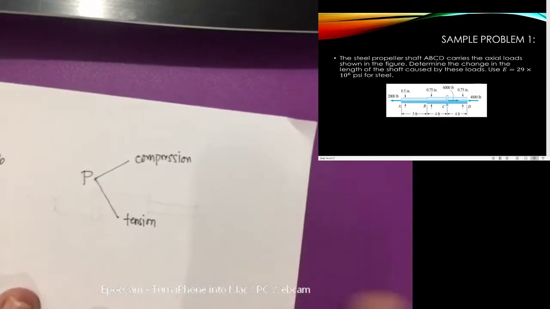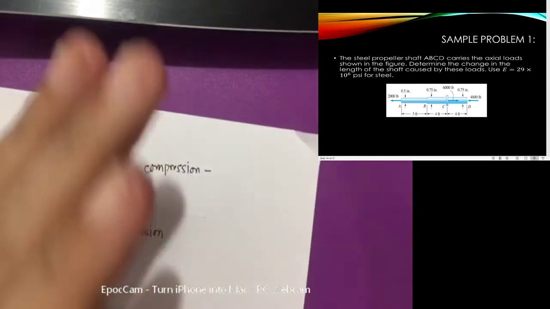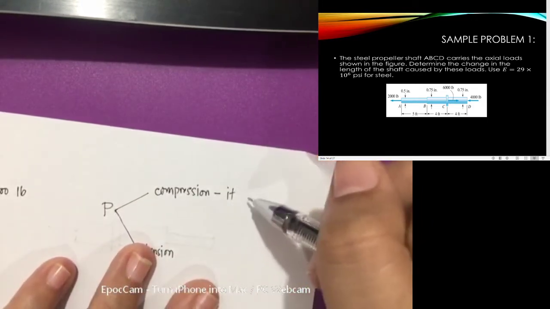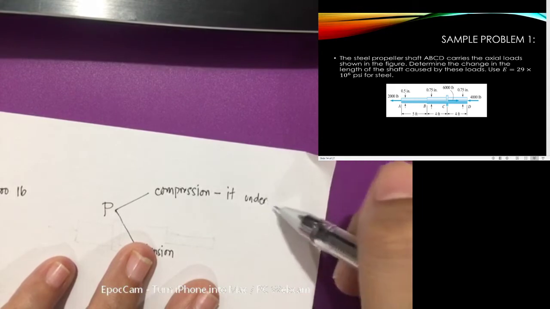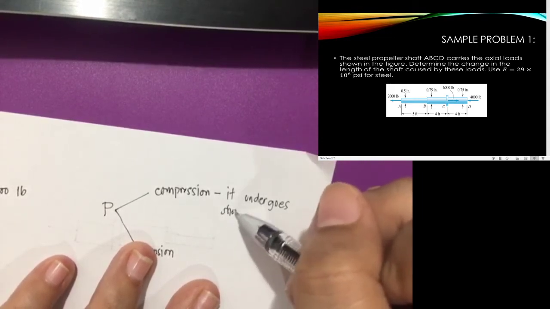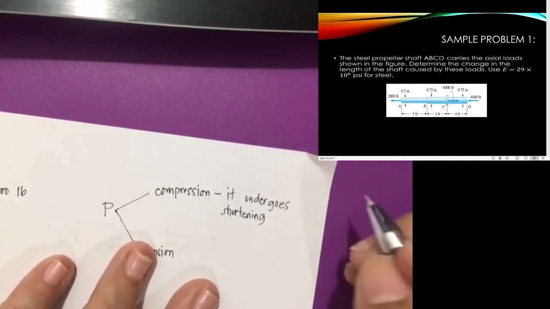So, when it is in compression, class, imagine that if you compressed it, it becomes smaller. So, it undergoes shortening. Its original length becomes smaller.